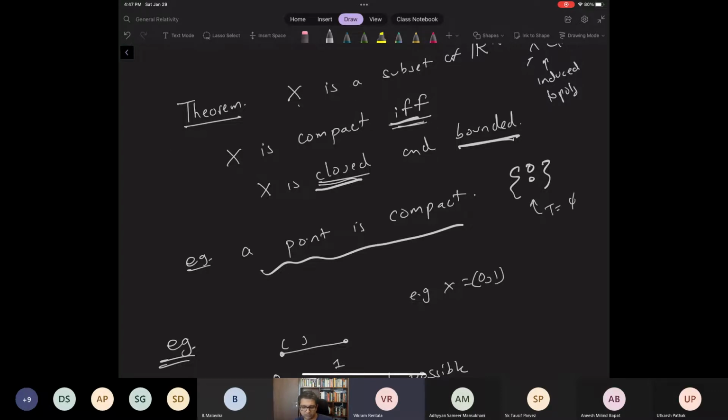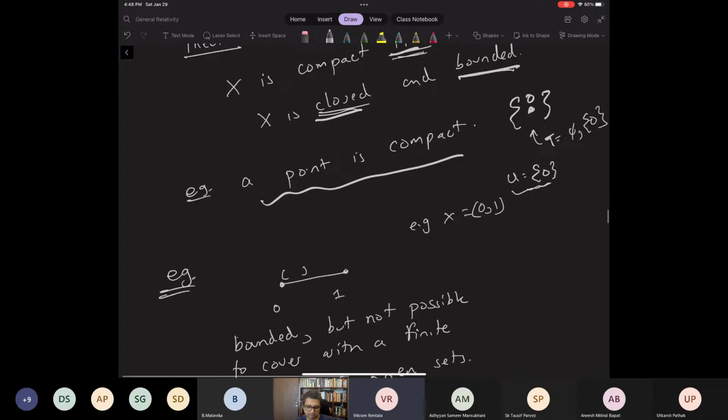The topology for this includes phi and this point 0 by itself. Now if I look at a covering of this point 0, there's only one covering, which is the set {0}. And any subset of these coverings is finite, obviously, and therefore this point is compact by itself.